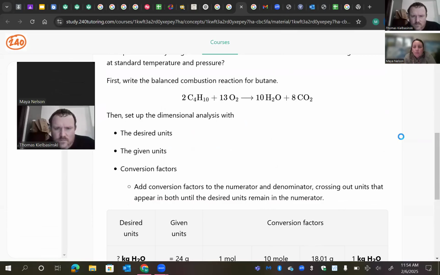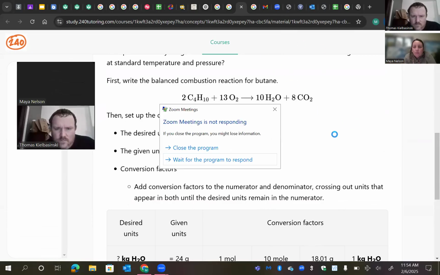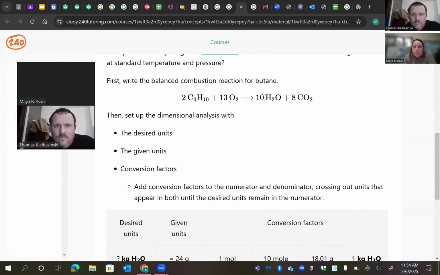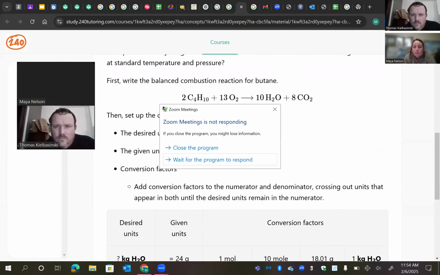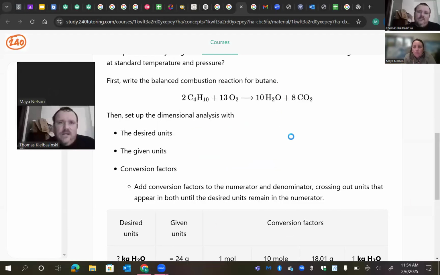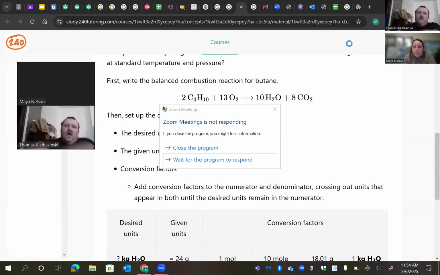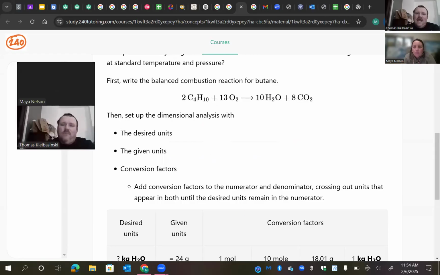I don't know what's wrong with it. The Zoom meeting's not responding on your end. I got this wheel going and I can't scroll up or down. You might have a problem with too many windows open.